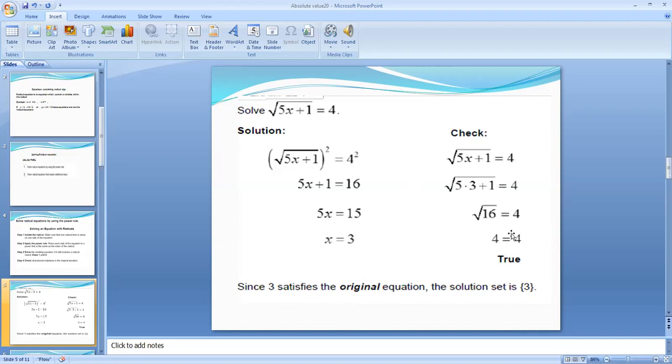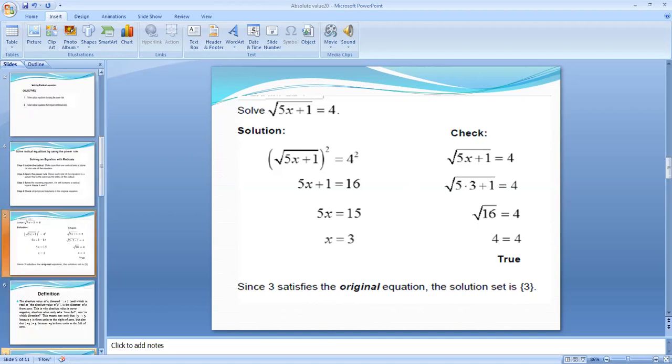So 4 = 4. So x = 3 is the solution set of the radical equation, as it satisfies the condition.